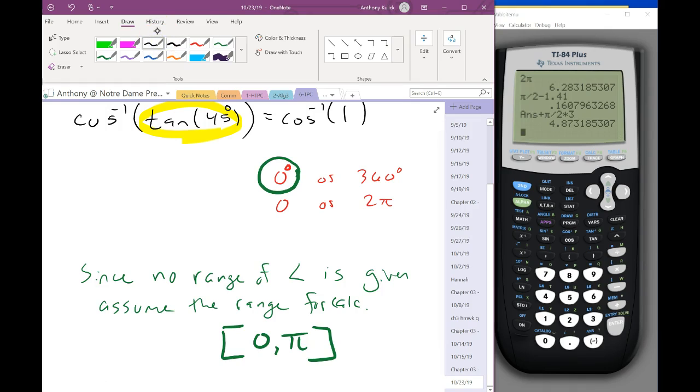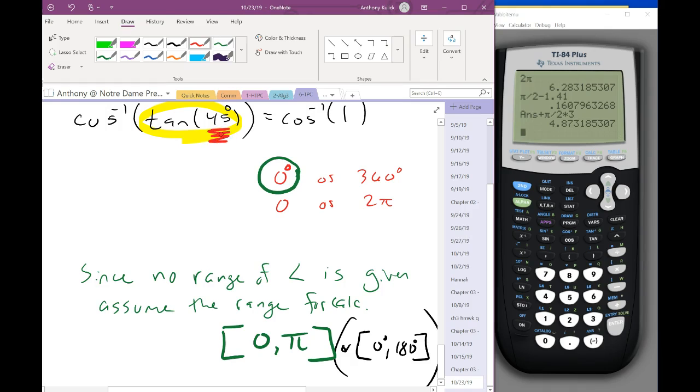Was that okay? The calculator? And again, we're thinking about it as degrees, 0 to 180. Why did I report a degree measure in this problem?